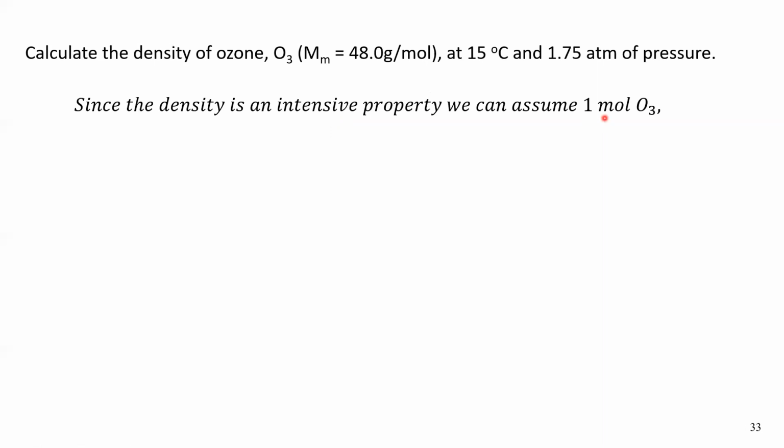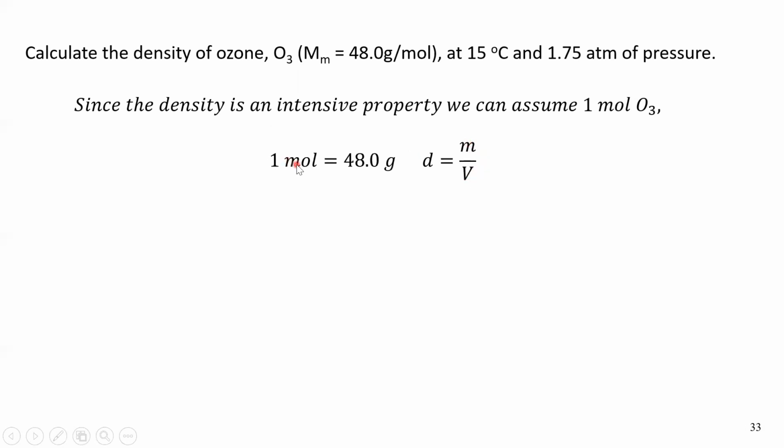It's a relative value, so it doesn't matter how much. So we're just going to assume 1 mole. And the reason we want to assume 1 mole is because then we know how many grams we're working with, because 1 mole of ozone has 48.0 grams in it. All right, now we want to calculate the density. That means we need to know the mass and the volume.